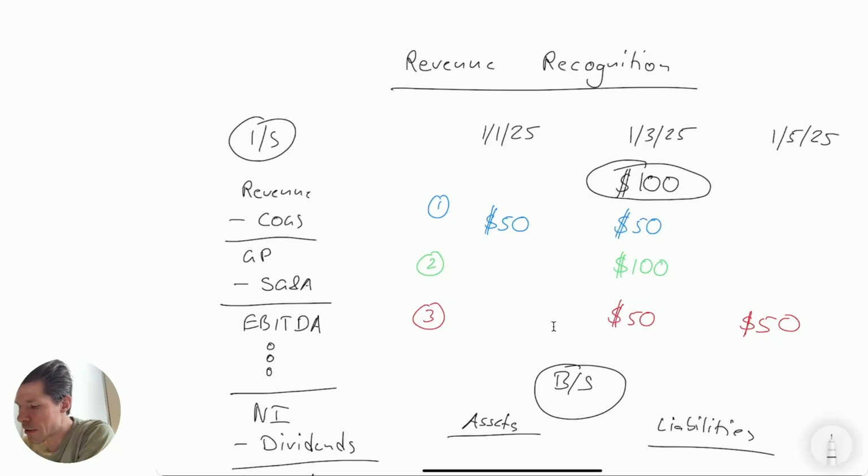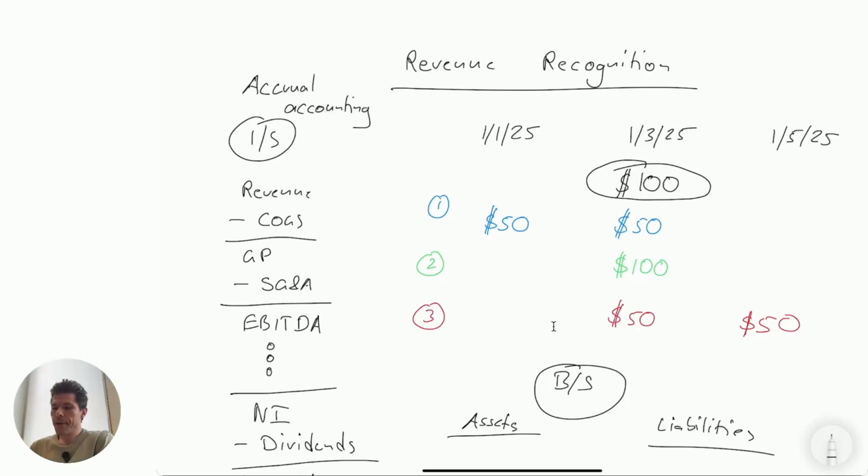In the second scenario here in green, the customer receives again the product in March and will pay at the same time. And then scenario 3 is where the customer would pay $50 in March and would pay the remaining $50 in May. So again, we are looking at accrual accounting.